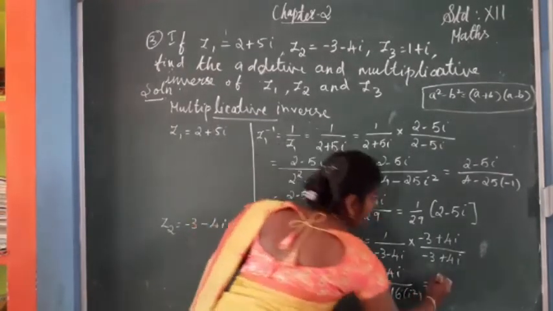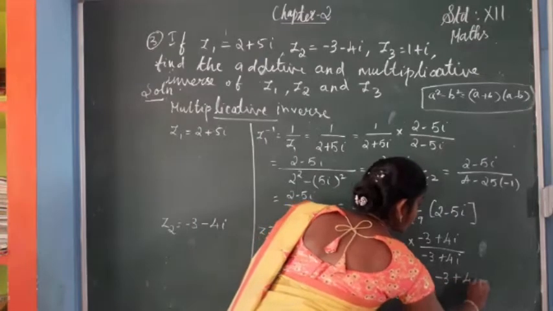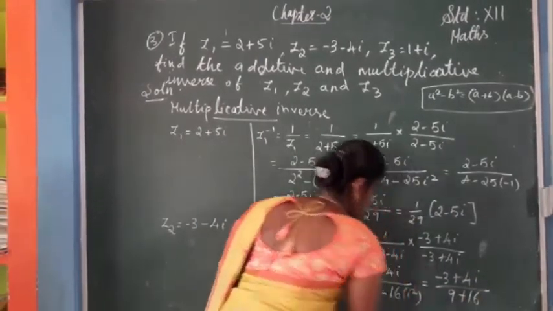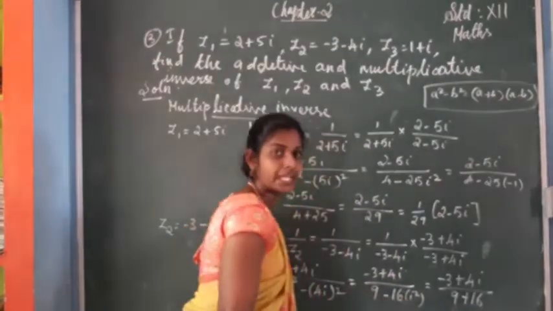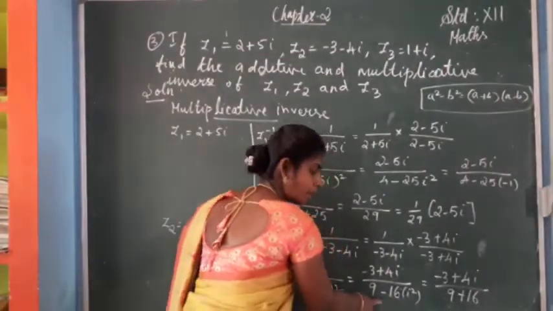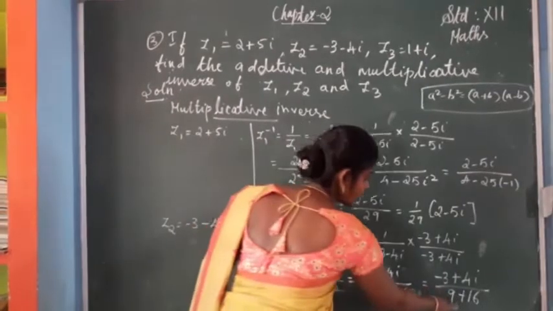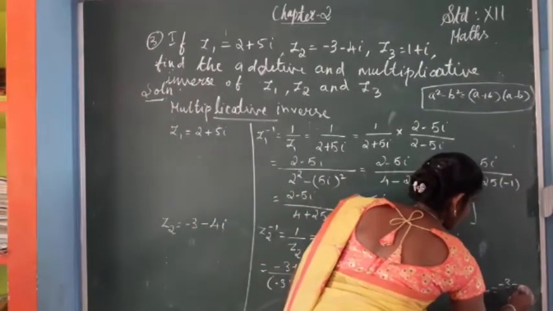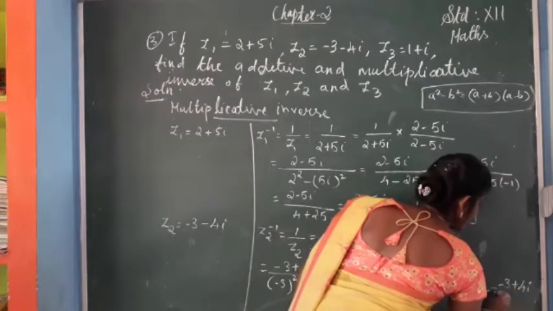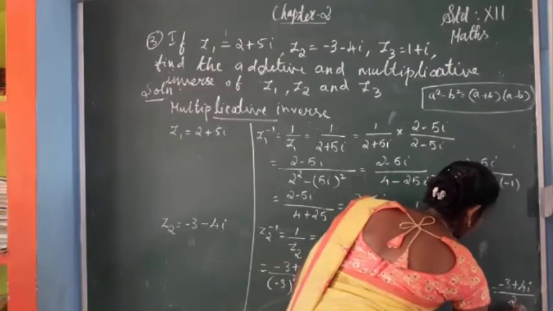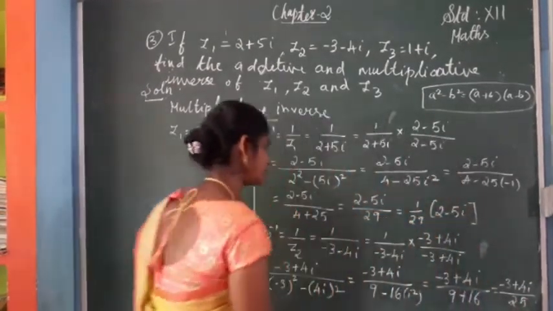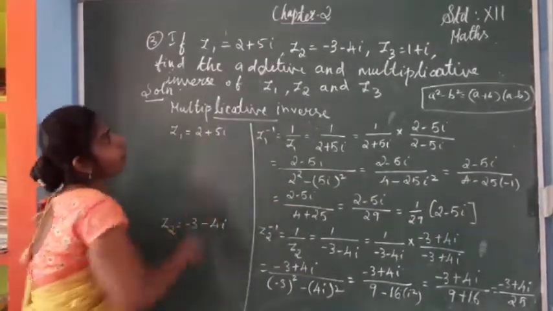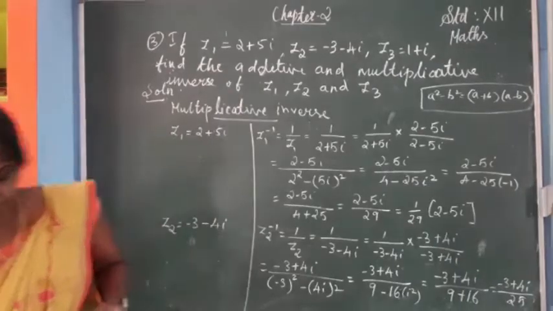That's equal to minus 3 plus 4i divided by 9 plus 16, because i square value is minus 1, and minus into minus is plus. So 9 plus 16, that's equal to minus 3 plus 4i divided by 25. Next we can find for Z3.